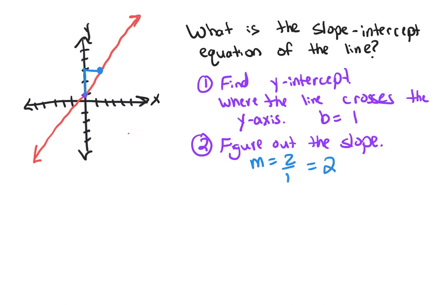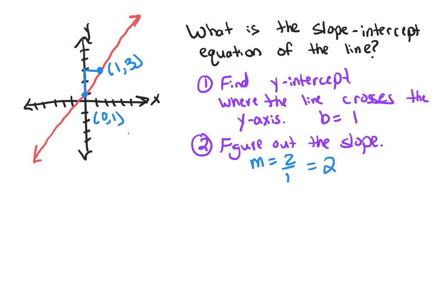You can also do this with the slope formula. I know it's easier when you're looking at the computer because you have grids, and it's easier to tell the points. But if you look closely, this point is (1, 3), and this point right here is (0, 1). So you can use the slope formula, like we've previously done.